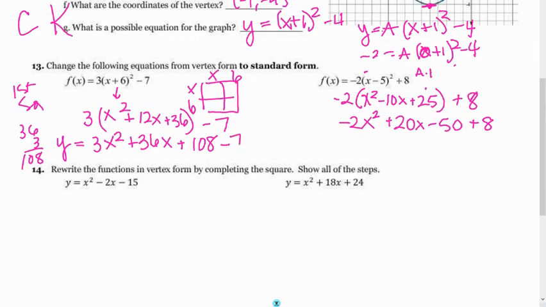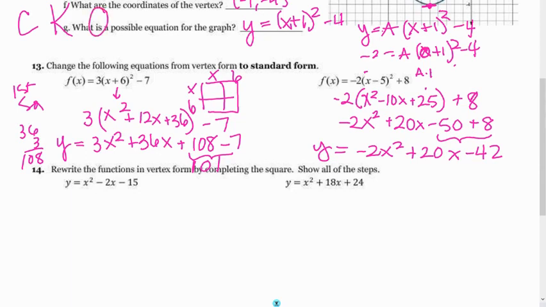Oh, and I forgot this over here. I needed to add that negative 7. Whoops. So this should be 101 when you're done with it. And this should be your standard.